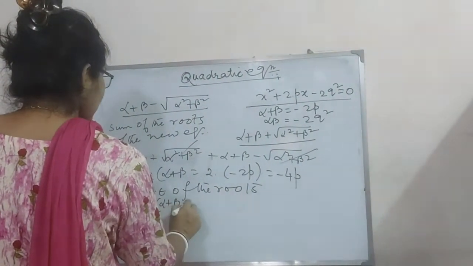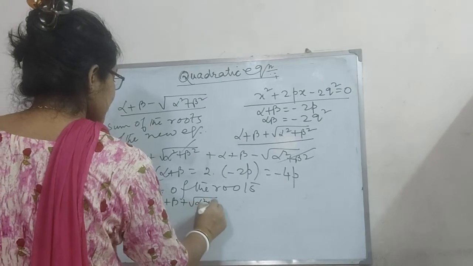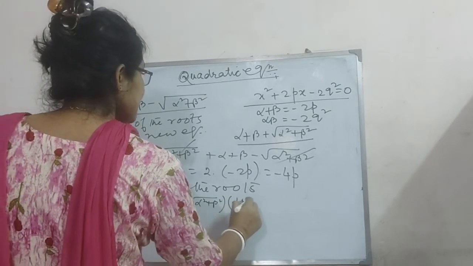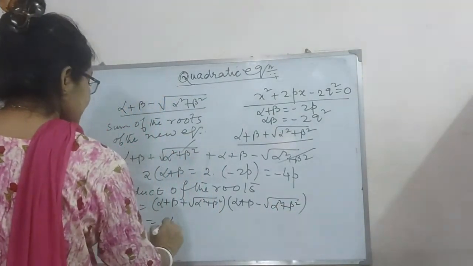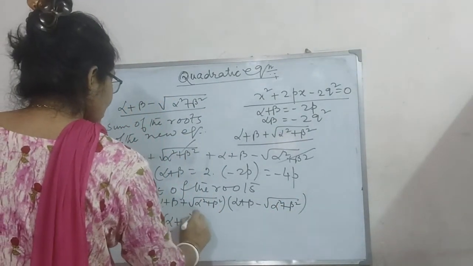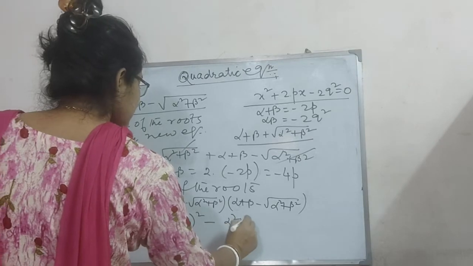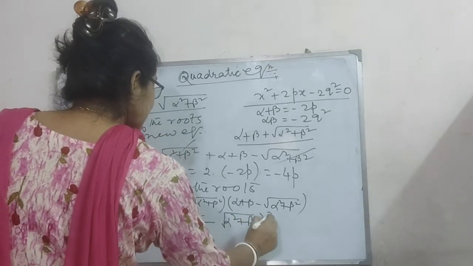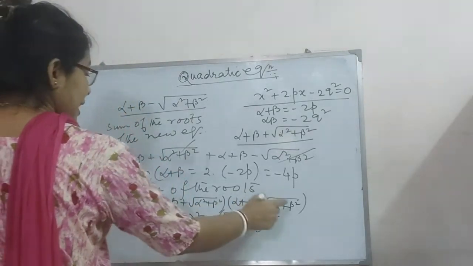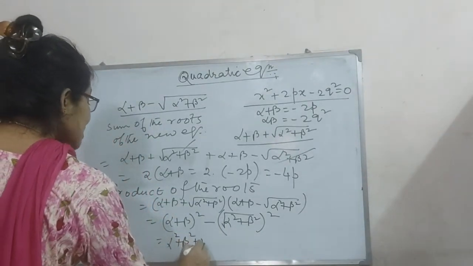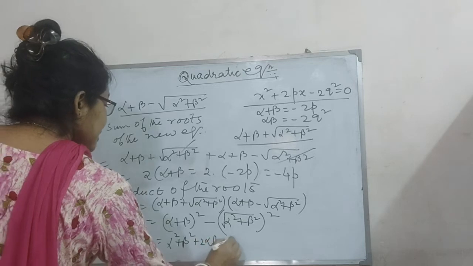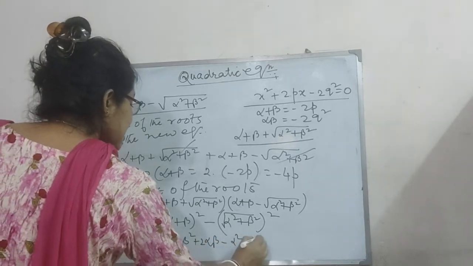And product of the roots equal to alpha plus beta plus root over alpha square plus beta square into alpha plus beta minus root over alpha square plus beta square. This is equal to alpha plus beta whole square minus root alpha square plus beta square whole square. This is a plus b and a minus b. This equal to alpha square plus beta square plus 2 alpha beta minus alpha square minus beta square.